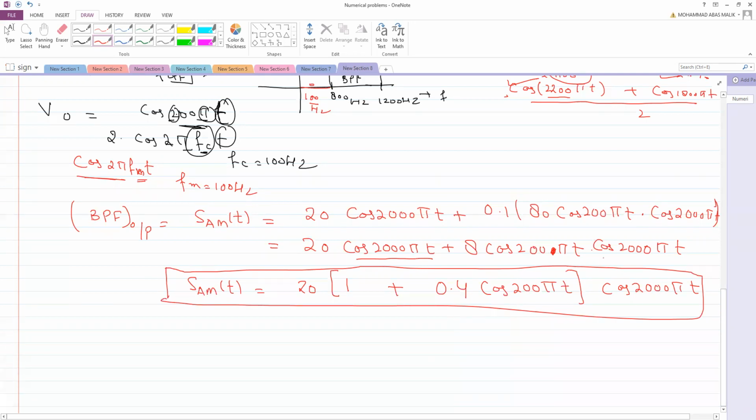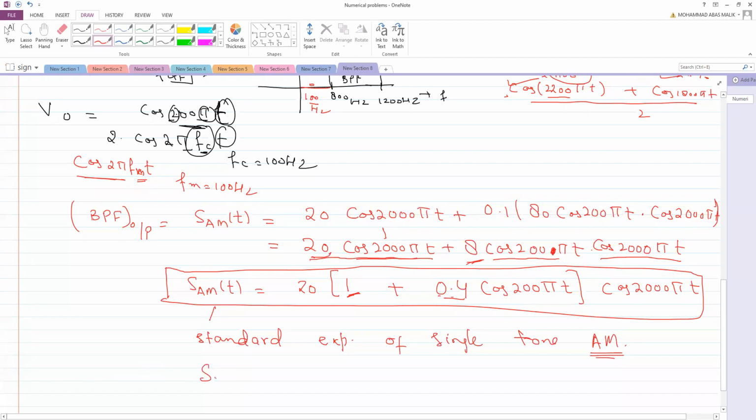I am taking cos 2000 pi t common from both the components, and also 20 I am taking common. When you take 20 and cos 2000 pi t common, here you will get 1. Similarly, because 20 is common, 20 into 0.4 is 8, and what remains here is cos 200 pi t, right? Yes, sir. And this is your standard expression of a single tone AM, amplitude modulated signal.